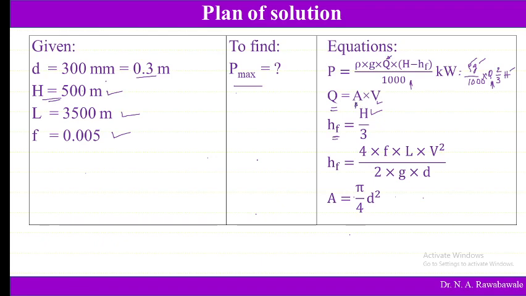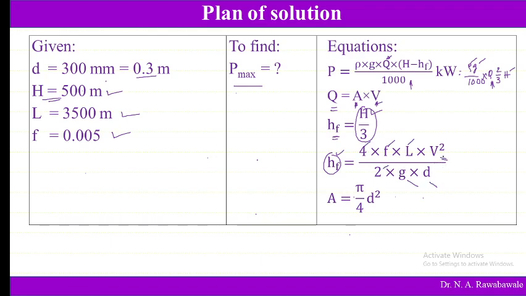Area we can obtain because we know the diameter, but to find velocity we have to use the equation for head loss due to friction: hf is equal to 4FLV square divided by 2gD, where hf we obtain from h by 3. 4 is constant, f is given, length of pipe is given, 2 is constant, g is known, diameter of pipe is known, only velocity is unknown.